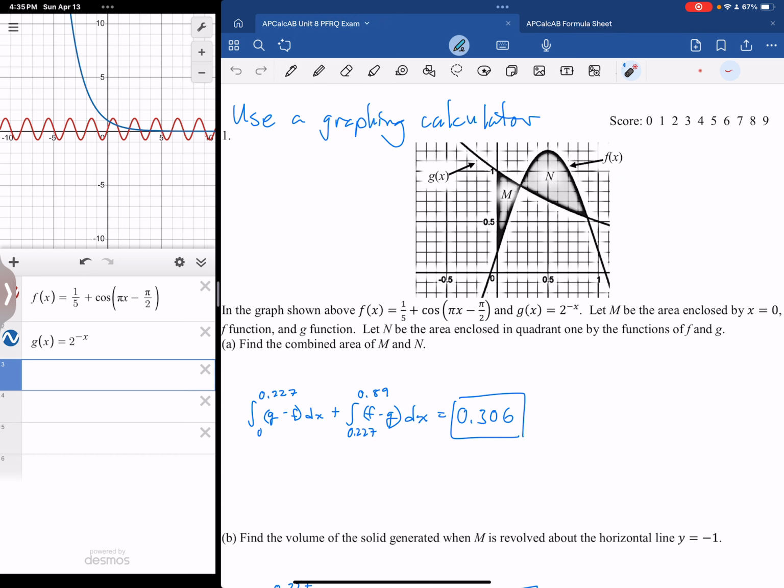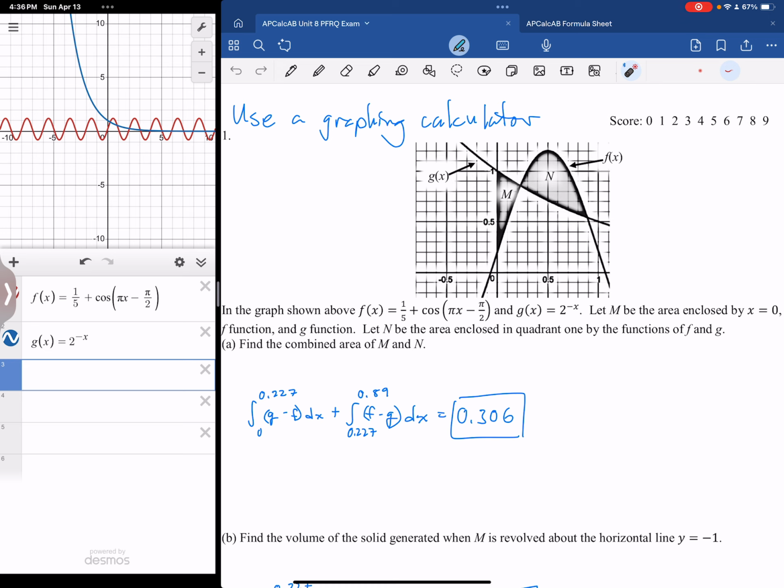If a question ever says, find the area between G and F from 0 to whatever this number is, I think this is 0.89, and you don't have this cool, awesome picture, what you have to do is make sure that the function doesn't intersect between 0 and the ending point between the two functions. Okay, so needless to say, it is easier to do these problems when you have a picture.